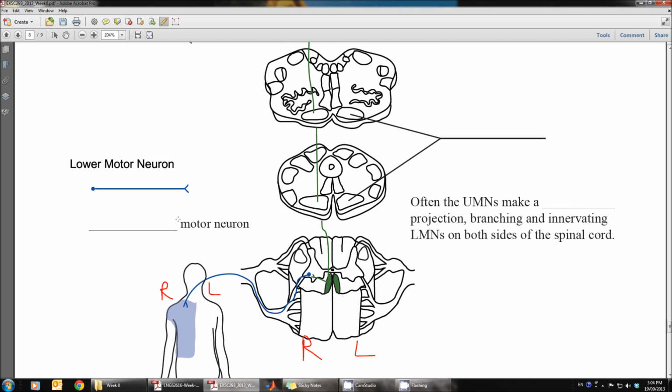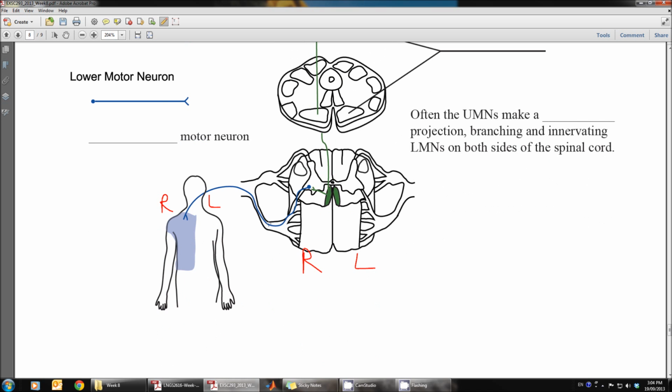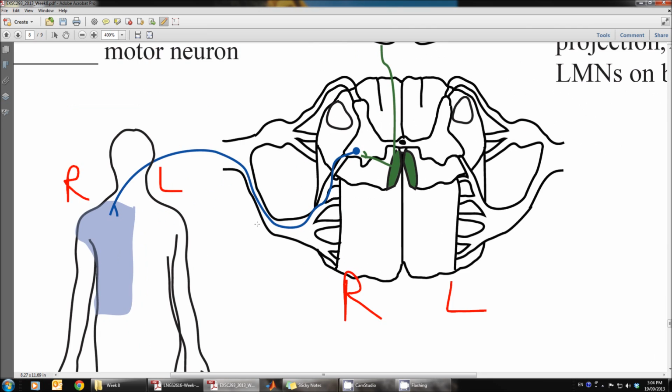For the medial corticospinal tract, similar to the lateral corticospinal tract, we need to draw the two neurons, and one is already drawn, so let me zoom that in. The blue neuron is our lower motor neuron, and it innervates the muscle of the chest.